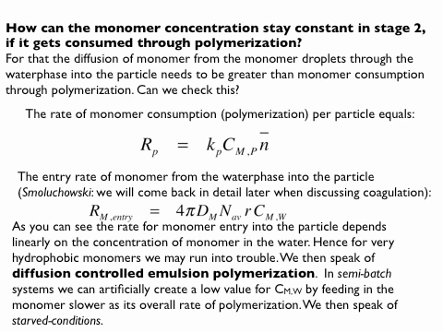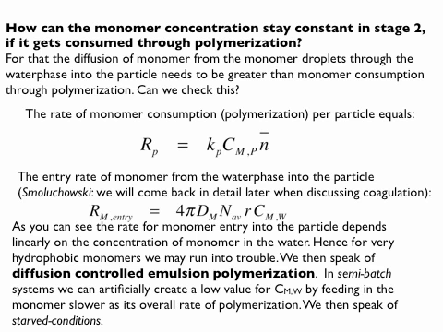So we talked about how this monomer would basically enter the particle. Your monomer goes from your monomer droplet through the water phase into the particle. That's the main way of transport. So you could think about this: is this actually fast enough?